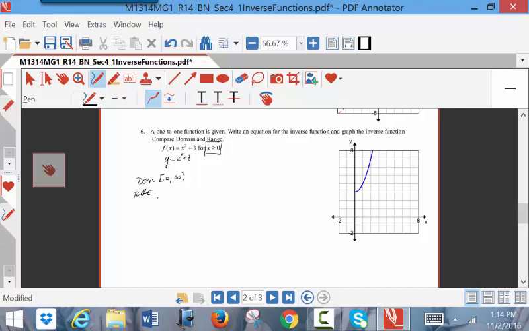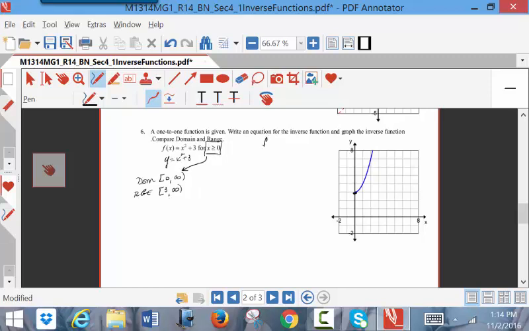What is your lowest y value of this parabola? Positive 3 right here, 0, 3. So the range is 3 to infinity. That's your domain and range of your original function. The domain came from the fact that they told me x would have to be greater than or equal to 0. I had to limit my domain.